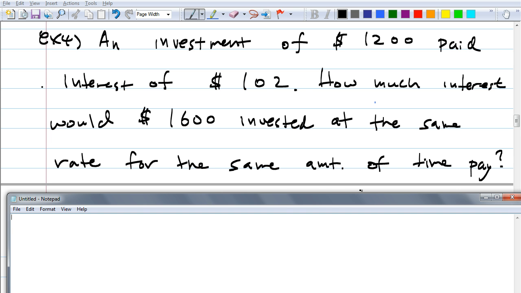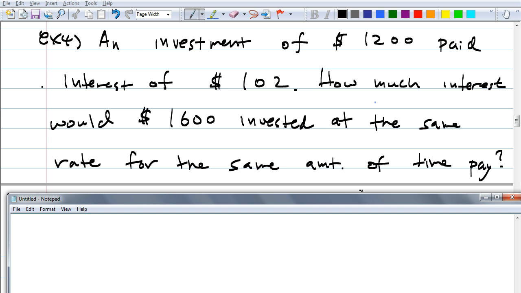They are saying that an investment of $1,200 paid interest of $102. They're asking how much interest would $1,600 invested at the same rate for the same amount of time pay. Exactly.